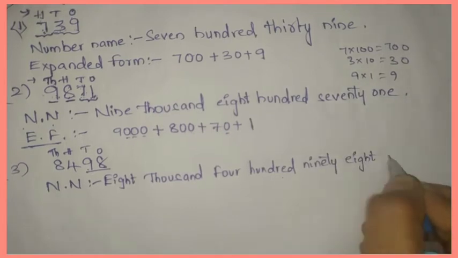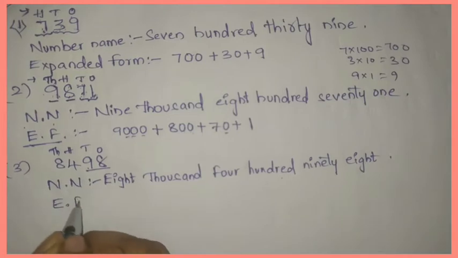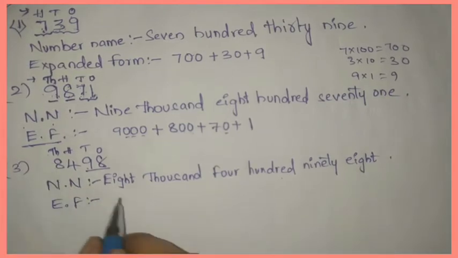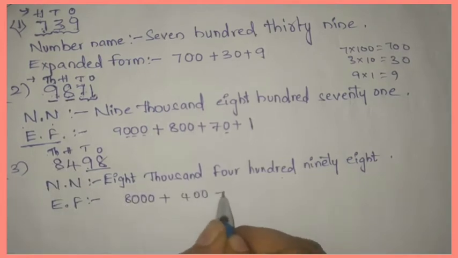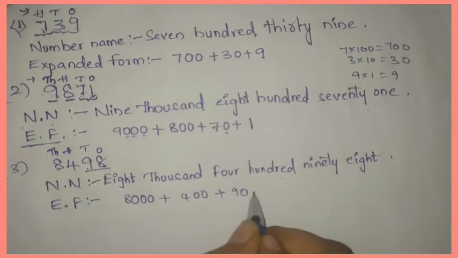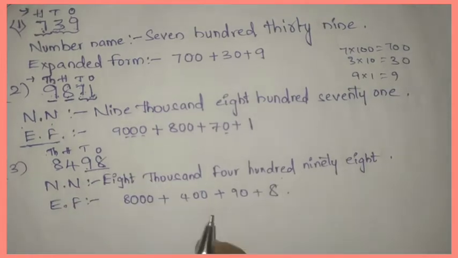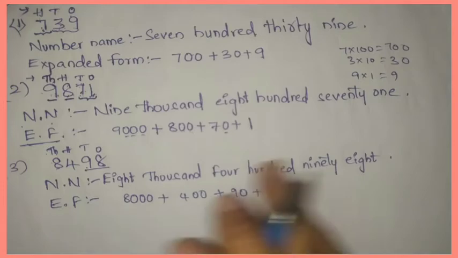Okay. Now we will write expanded form. How many thousands are here? 8. So 8,000 plus 400 plus 9 tens are 90 plus 8 ones are 8. This is a number name and expanded form.